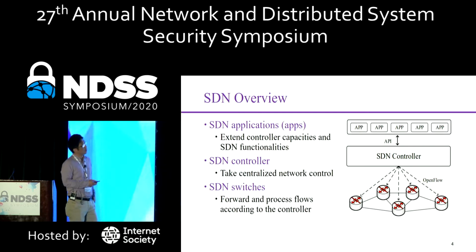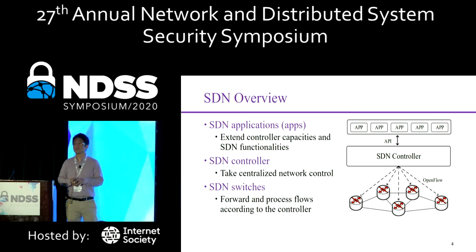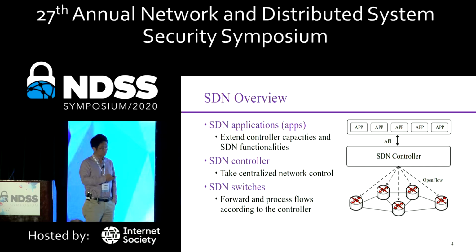For the overview, a typical SDN network consists of one centralized controller and a number of switches. The controller has a global view of the network, so it can help make routing decisions for all those switches.